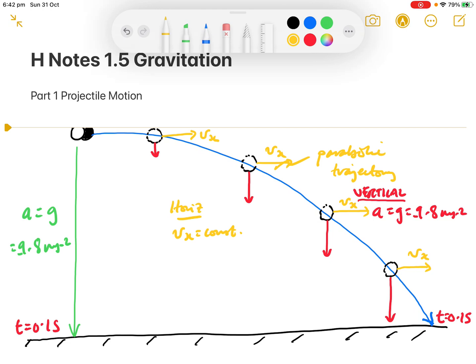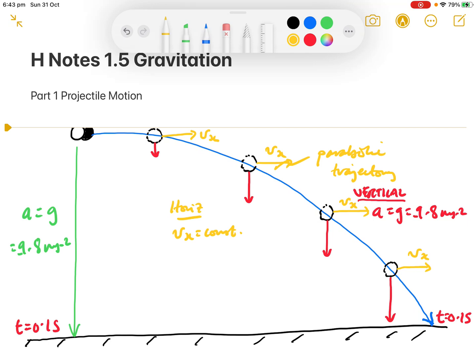And it's this combination of the uniform velocity in the horizontal, Vx, combined with the uniform acceleration in the vertical, 9.8 going downwards, that produces the parabolic path of the projectile.